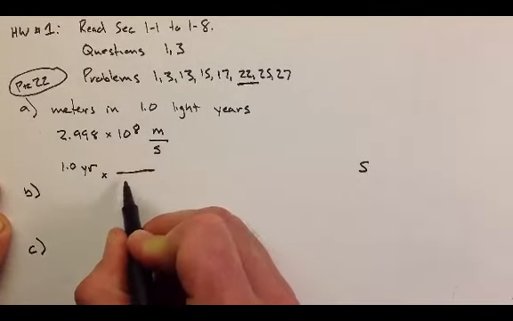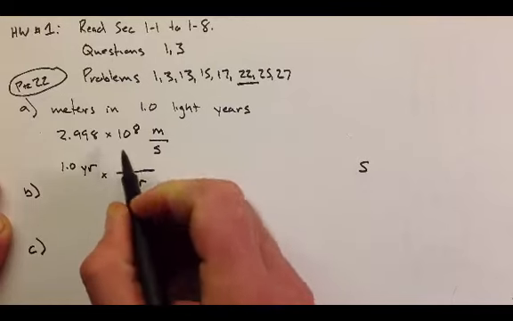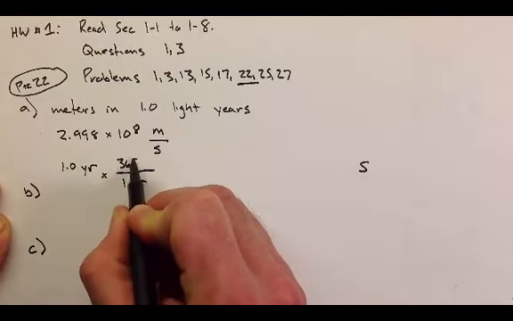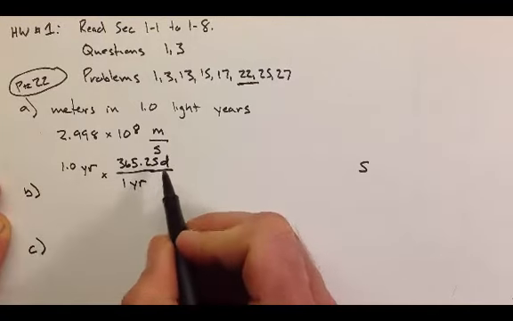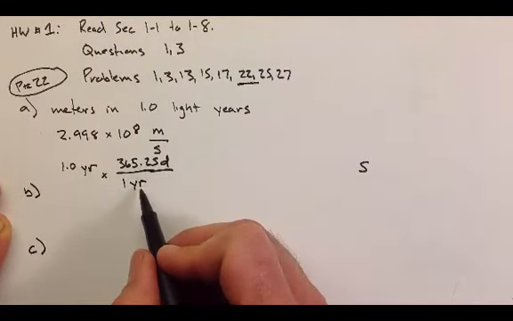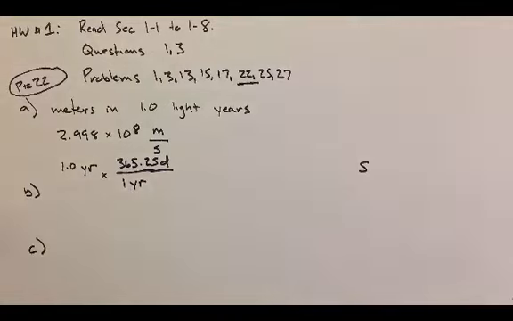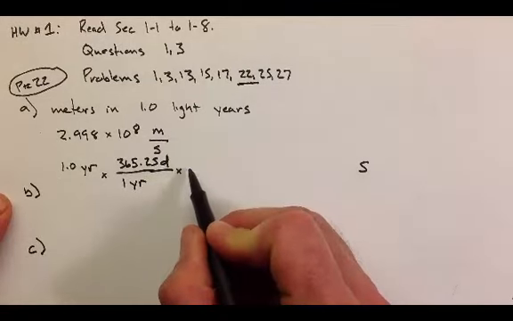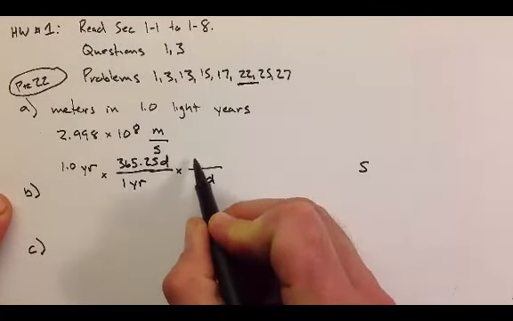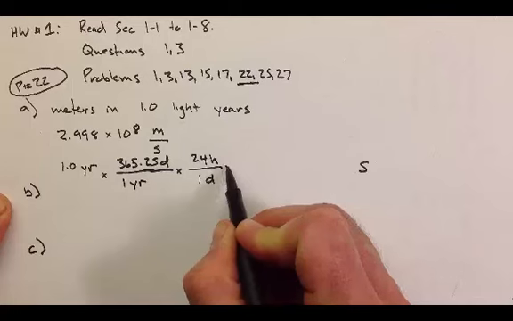And then I'm going to write down some conversion factors. This should be some review here. For instance, there are 365 and 1/4 days in 1 year, if you count leap years. I put years on the bottom here so that they will cancel out. In 1 day, there are 24 hours.